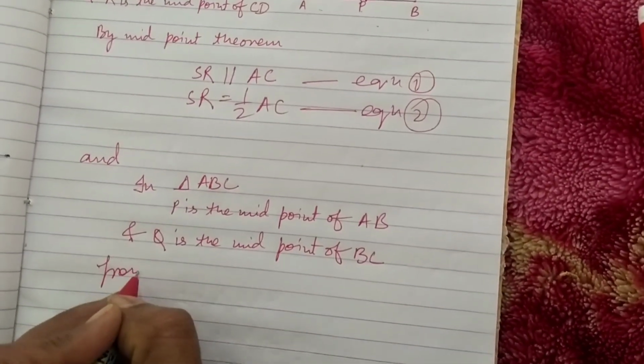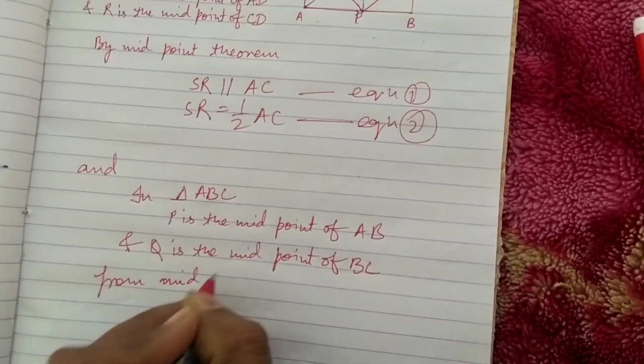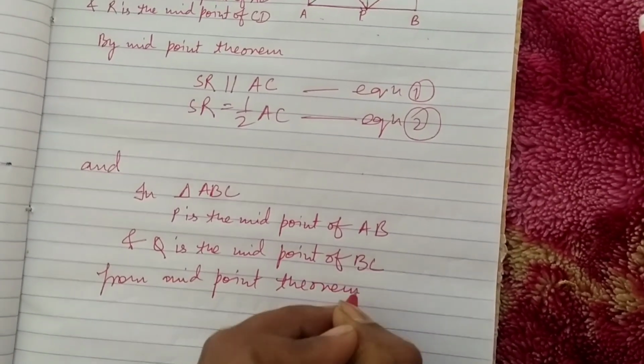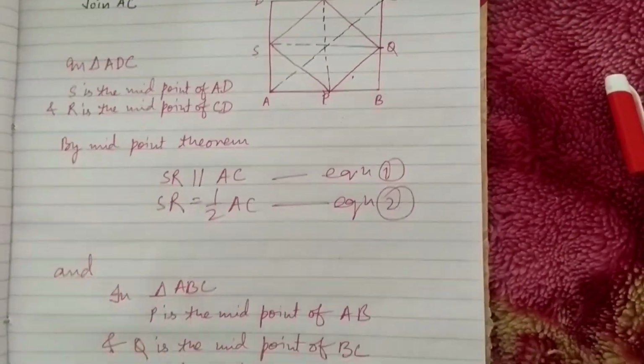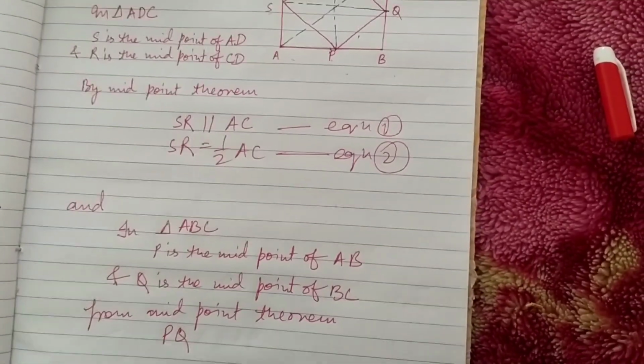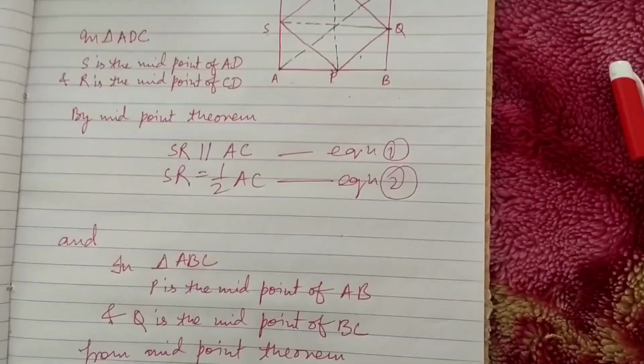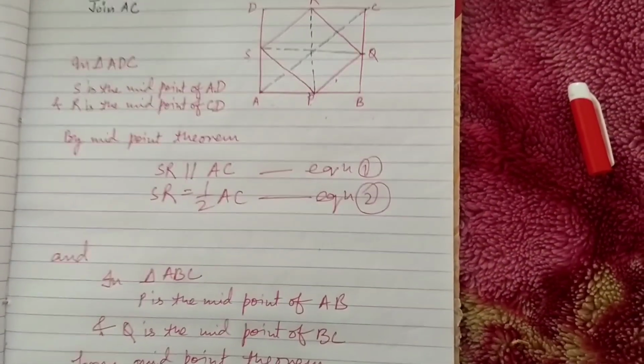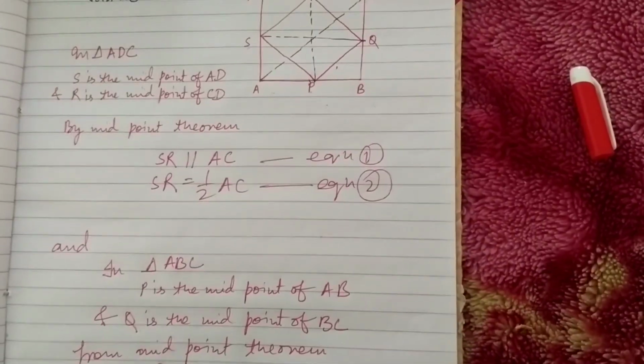So from midpoint theorem, this PQ, the line joining the midpoints of two sides, will be parallel to the third side and half of that.